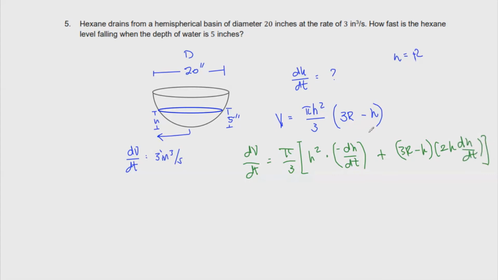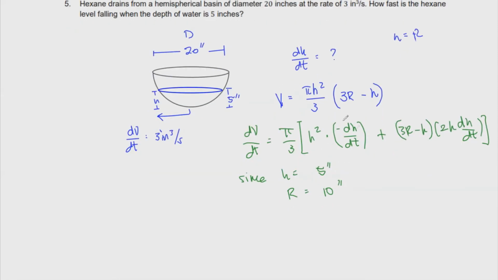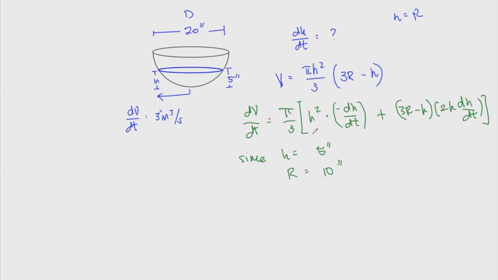Okay, so this is basically the expression, and we know very well that our h is equal to 5 inches, and from this expression our r is simply half of the diameter, which is 10 inches. So we already have all the necessary values for this expression. Therefore, 3, because that's our dV over dt, so 3 inches per second is equal to pi over 3 times h squared.